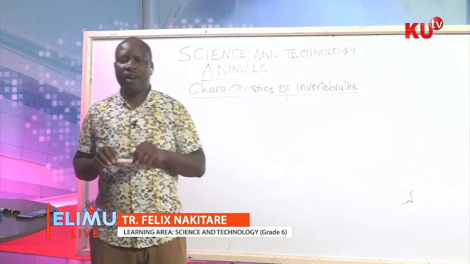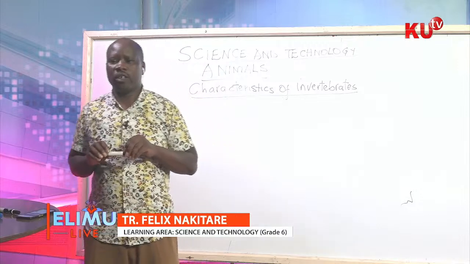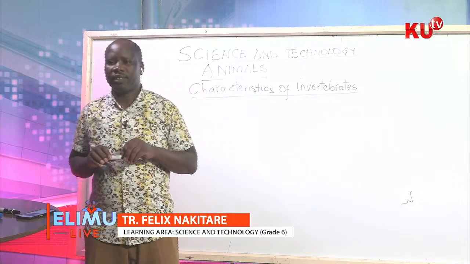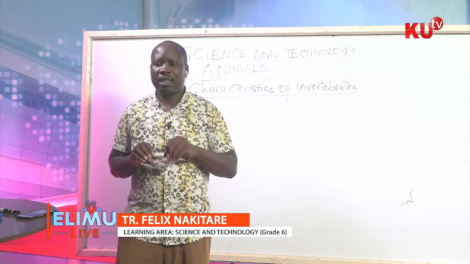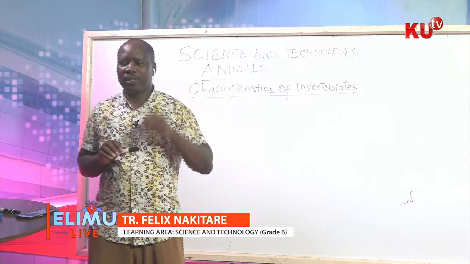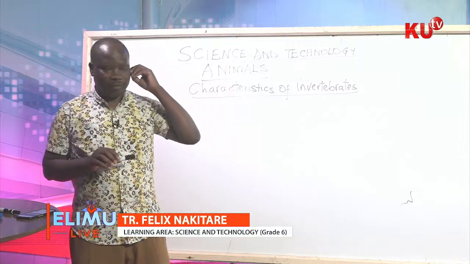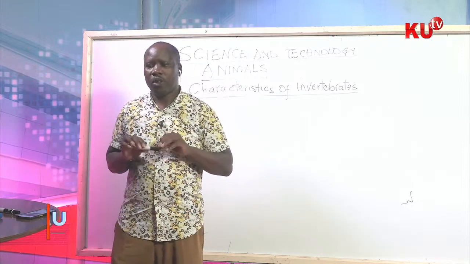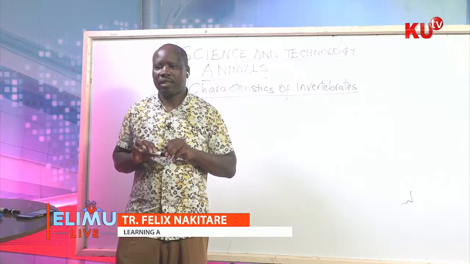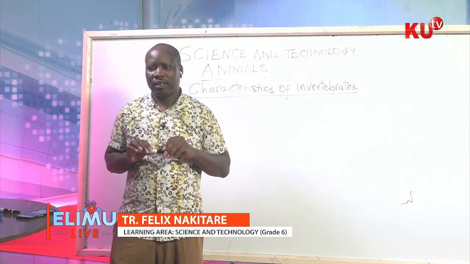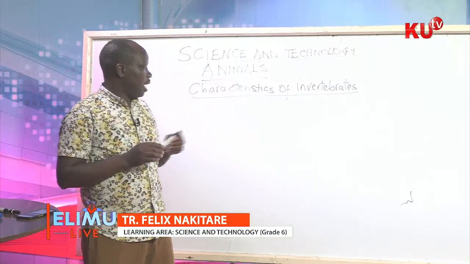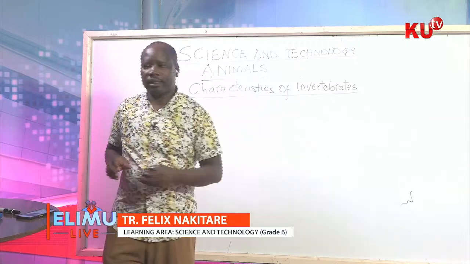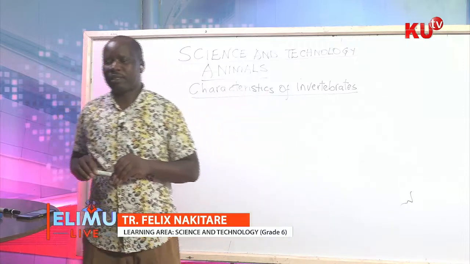Therefore, if you are asked to define what invertebrate is, invertebrate means animals without backbones. Then after that, having known what invertebrate means, we shall be looking at the characteristics of invertebrates.